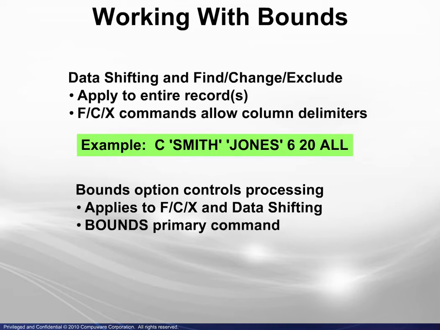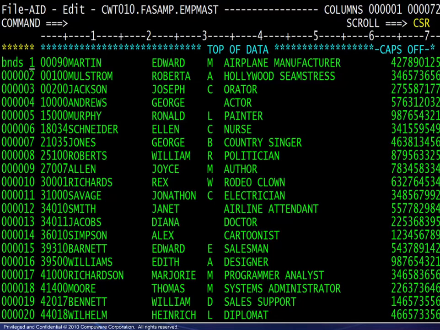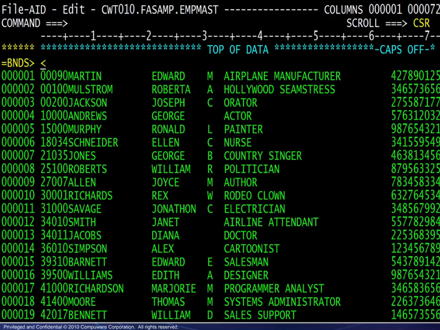There is a bounds primary command and a BNDS line command. Unless changed, the default is the entire record. Let's look at some examples. We begin in the File-AID editor in character mode and enter the BNDS line command. The bounds line is displayed.